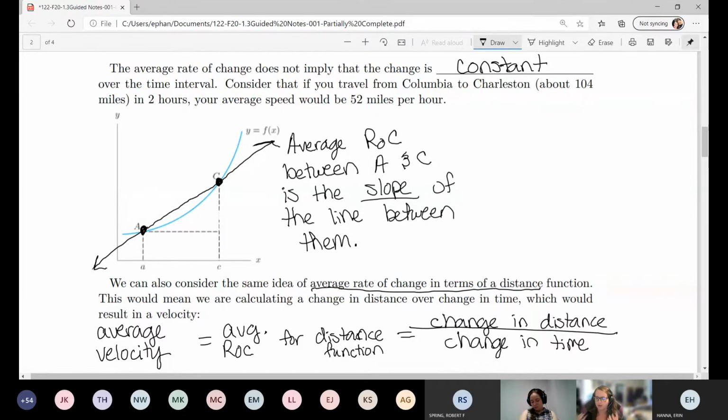Now you could also interpret it in terms of a slope because it is a slope. But especially in the context of velocity, it's much easier to just think about it as on average you're traveling at this velocity.